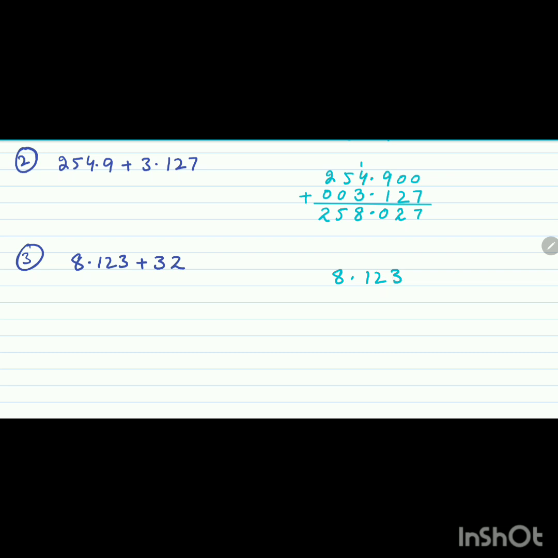How will you write 32? 32 has no decimal part, so 32 should be under this like that, because for 32 the decimal will be after 32. So the decimal will be here. And now you will complete all the empty spaces with 0.